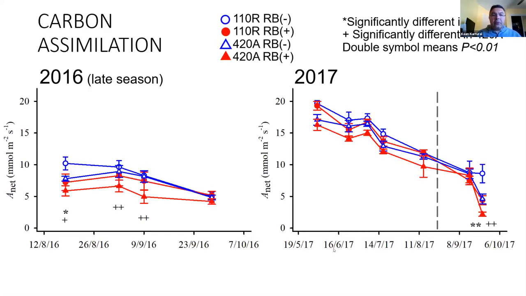When we looked at this with two different rootstocks that had different hydric properties, we compared 110R and 420A. They use water quite differently. We have seen transient differences in red blotch infected plants, more importantly in 420A, which does not use water as effectively.